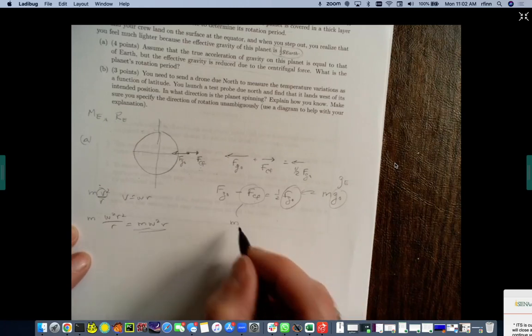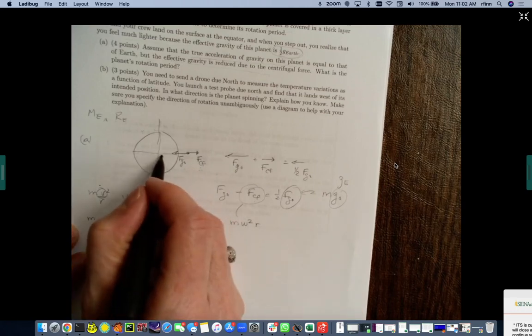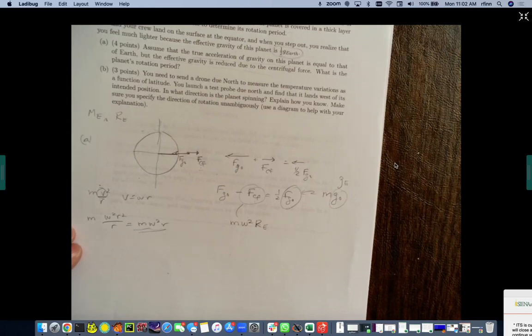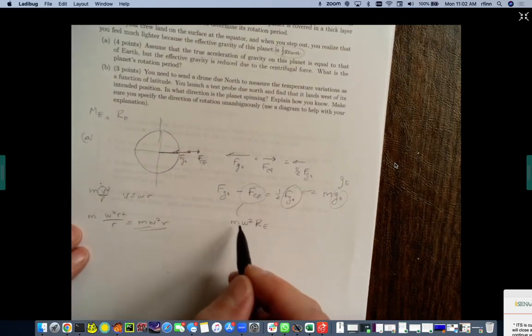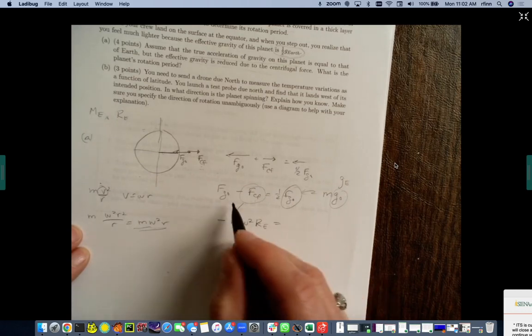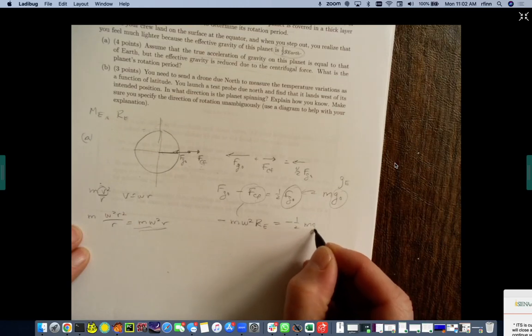So we have m omega squared r, and here again we are at the surface of the planet, so that's really R_E. Then let's bring this over to that side. So we have minus that equals minus 1/2 m g Earth.